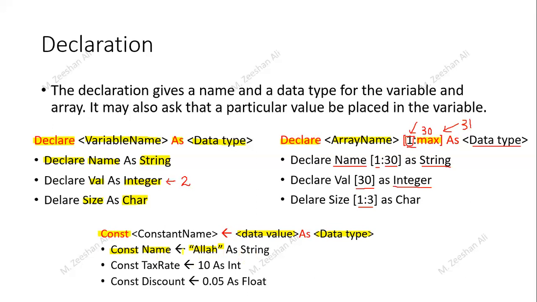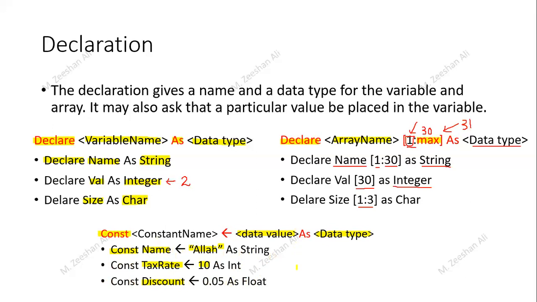During the execution of the program, the value of that name is not going to change. It will remain Allah. In the same way, const tax rate I have shown, and that is 10 as integer. You can see in the third example, constant discount. If I'm offering a 5% discount, then discount and 0.05 as float.